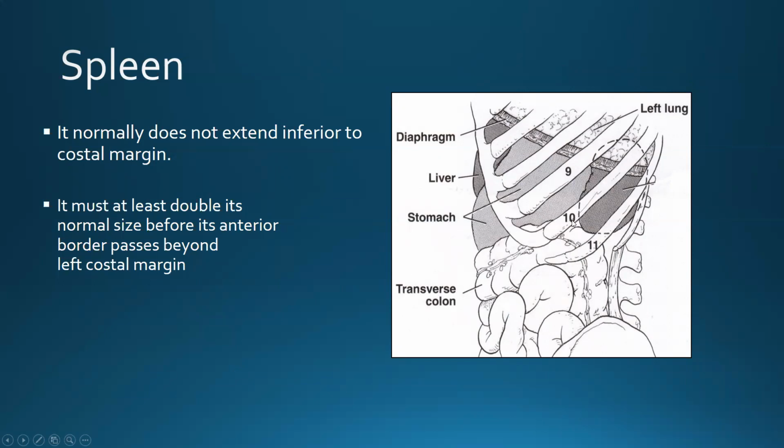There are cases where we can palpate the spleen, in patients with thalassemia or any hematological disorder. It must be double in size before we can palpate it, before it passes the border of the costal margin. This is the costal margin.